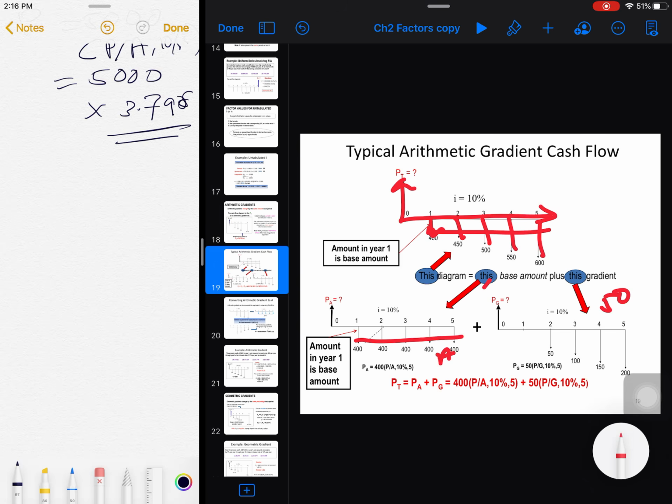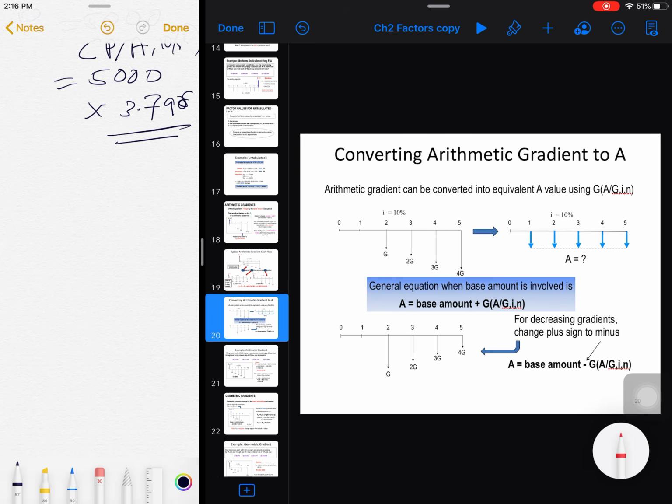Okay, so how do we write this? We have 2 portions. P total equals PA, which is this, plus PG, P gradient, which is this. So an arithmetic gradient can be converted to an equivalent A value using G(A/G, i, n).